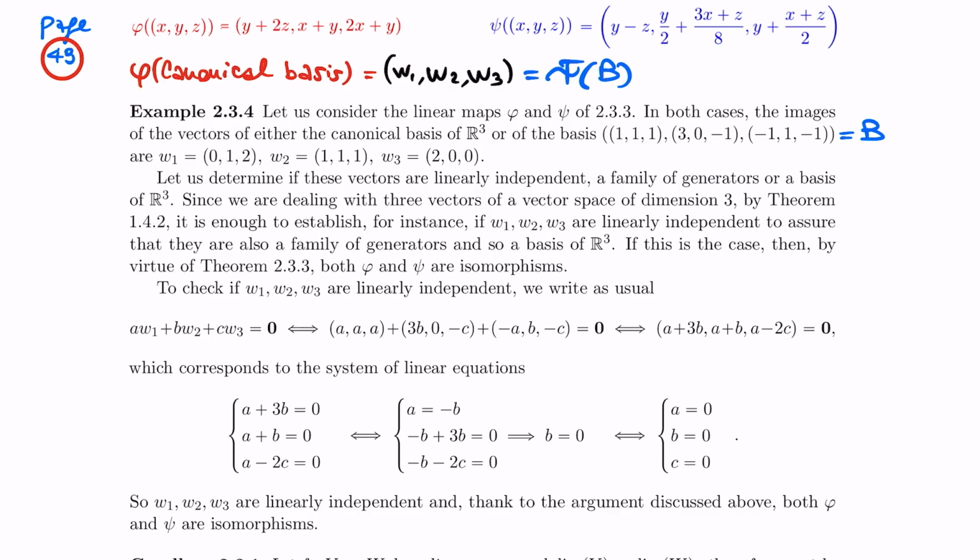Let me stress again the fact that, without knowing that phi and psi were defined like this, we would have needed to check their properties separately using their different expressions written here. So, sometimes it is even more useful to know just the action of a linear map on the vectors of a basis than its explicit expression. We're going to end this section with an immediate consequence of the previous theorem.